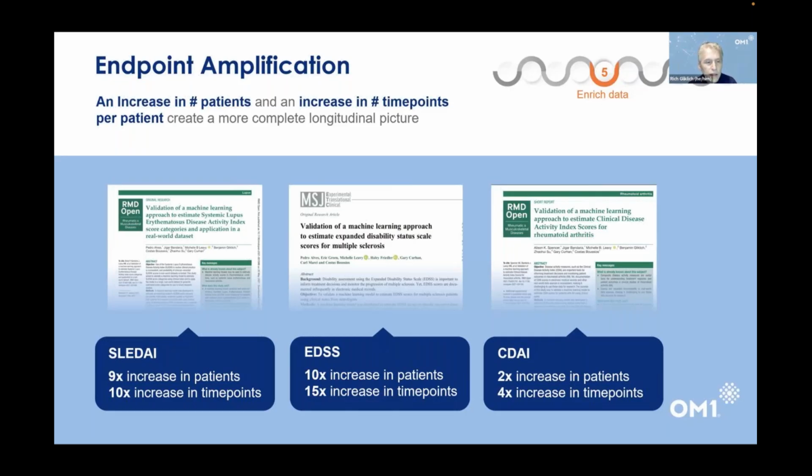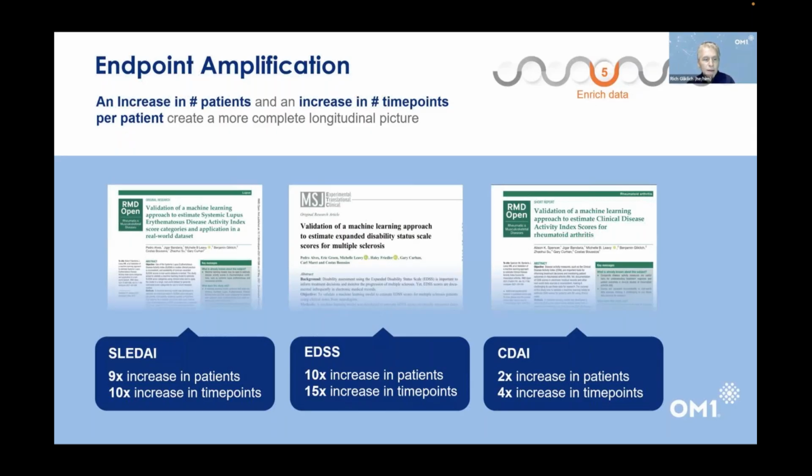So in a condition like lupus, where SLEDAI is only observed in standard of care practice a handful of percent of the time, as long as we can have a certain number of SLEDAI to validate our extractions, we can utilize any relatively complete note completed by a physician to identify an estimated SLEDAI score.